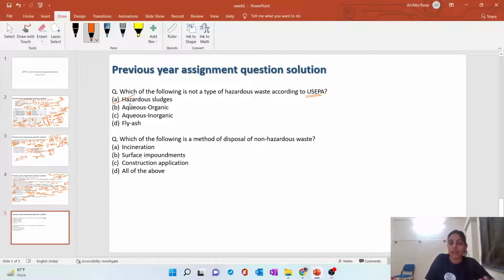If you read the lectures, you understand that sludge is nothing but a liquidy waste that comes out of industries or mines like coal washeries. So hazardous sludge. Then aqueous organic substance. Organic means it has some sort of carbon content. Inorganic means it's more like glass or plastic or something.